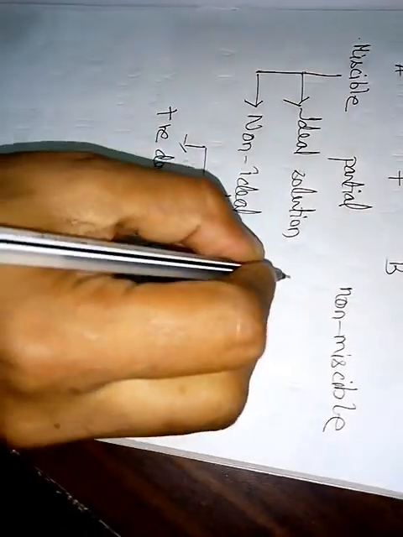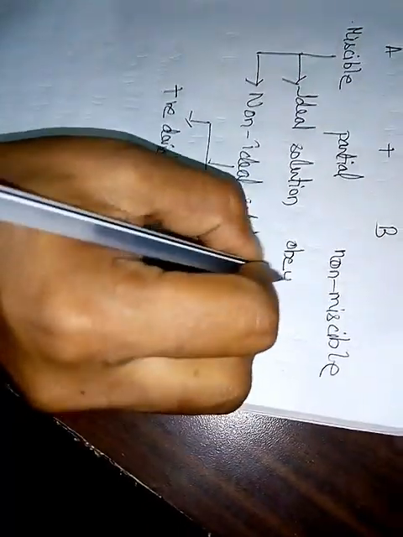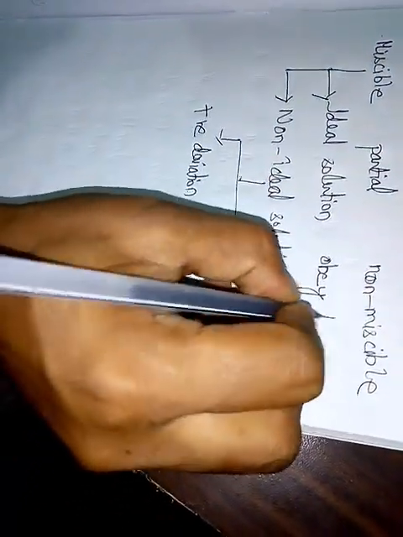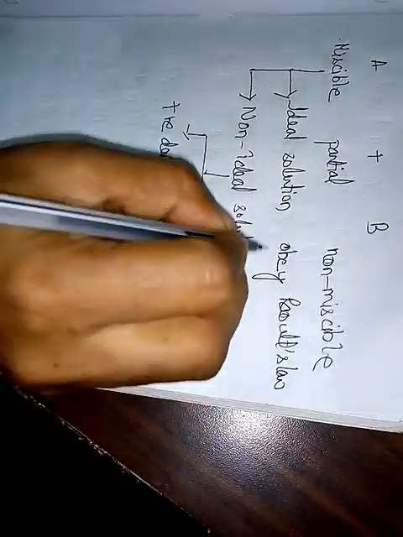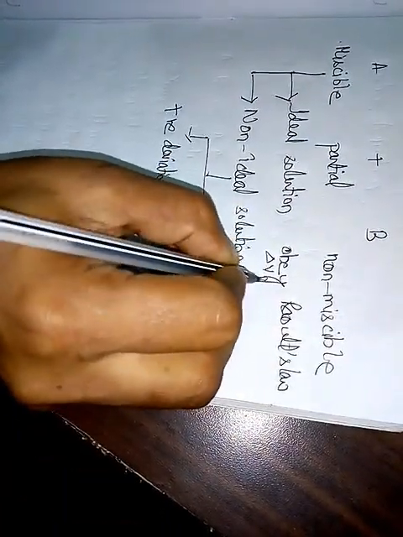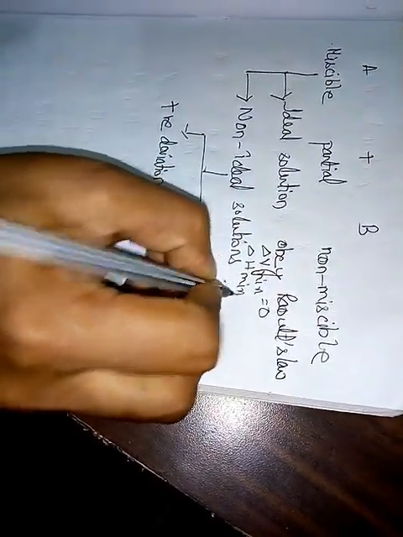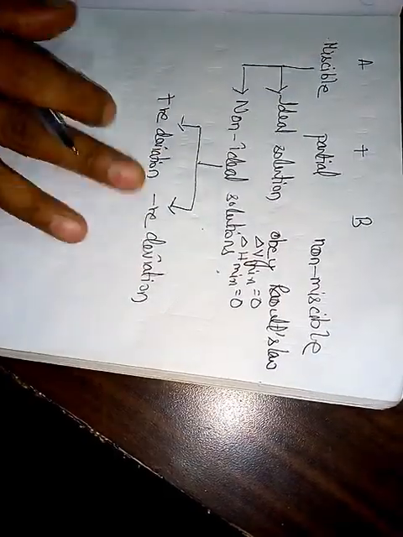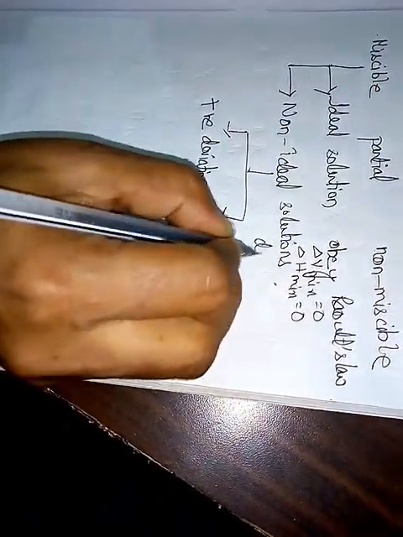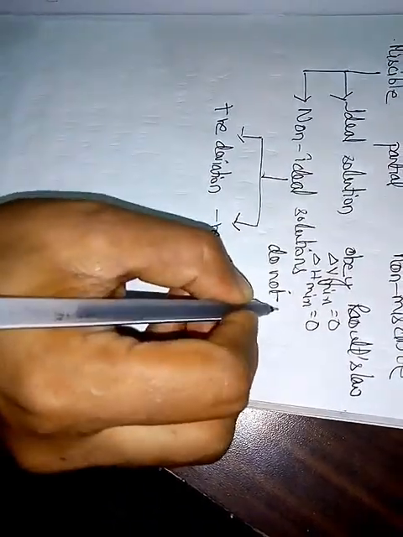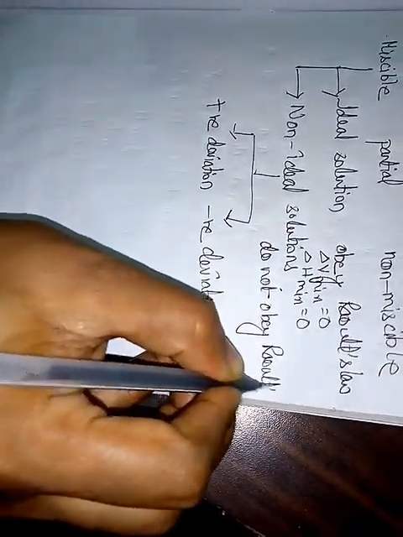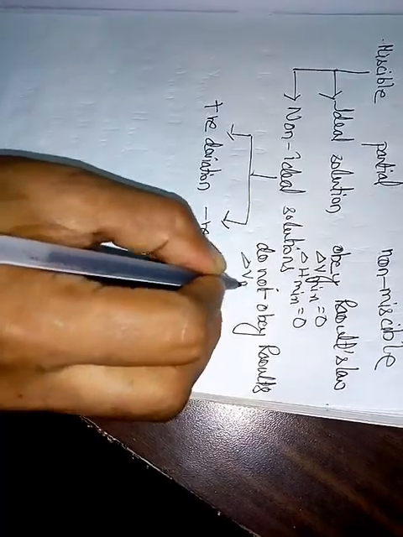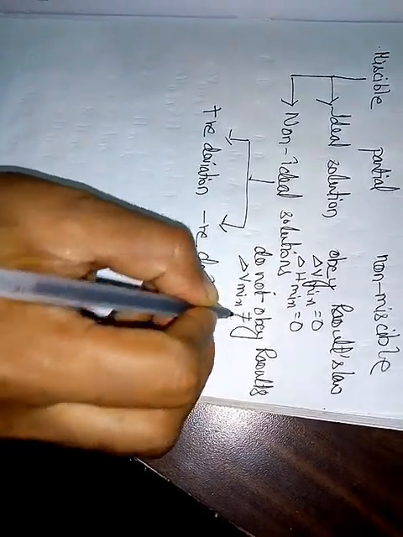For ideal solutions, the solutions obey Raoult's law, delta V mixing is equal to 0, delta H mixing is equal to 0. For non-ideal solutions, obviously they do not obey Raoult's law. Delta V mixing is not equal to 0.